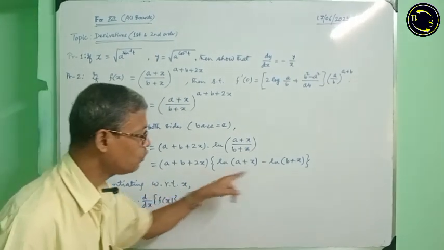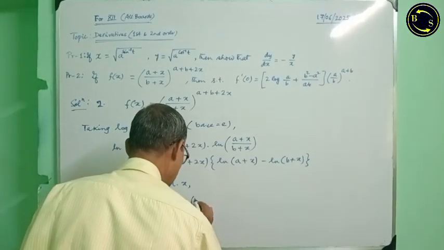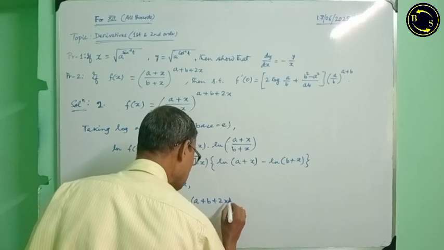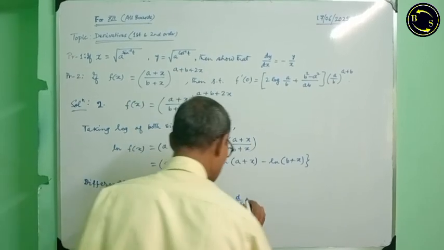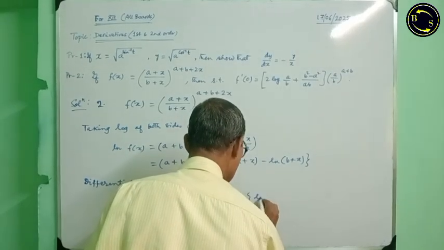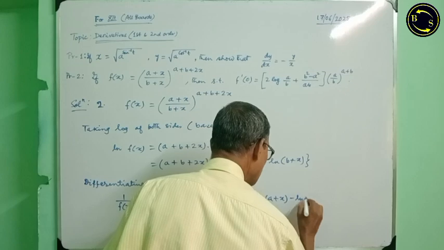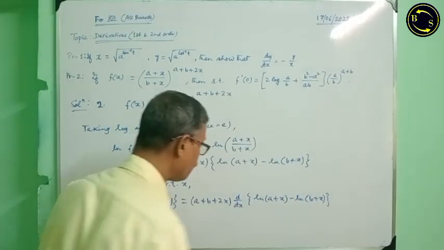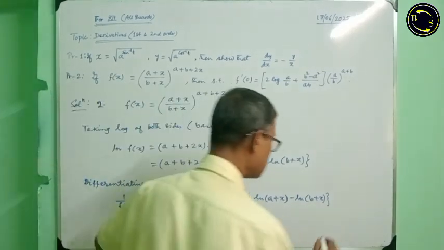Now this is u into v form, therefore (a plus b plus 2x) d dx of the whole, plus this into derivative of this.